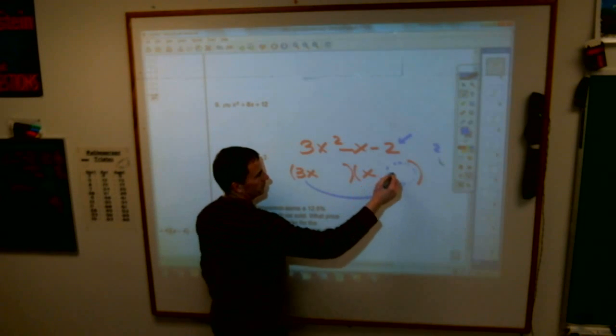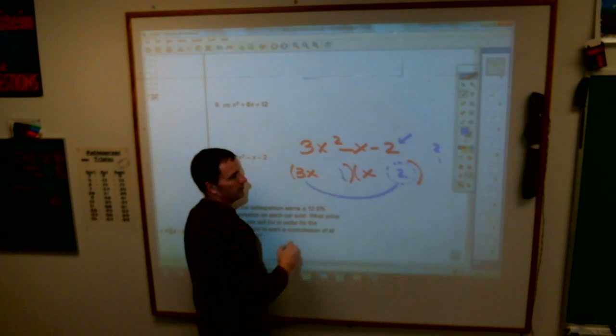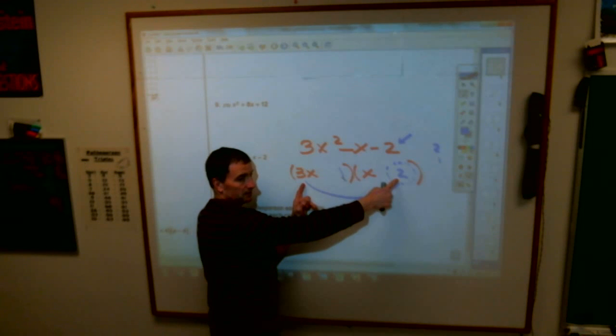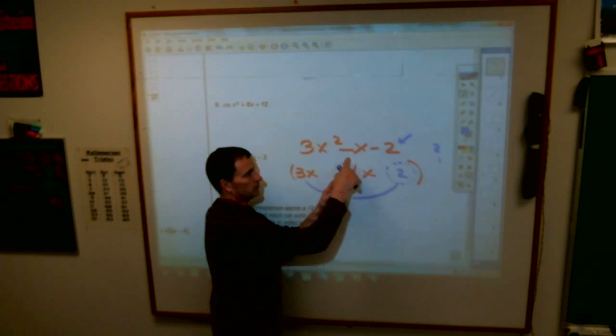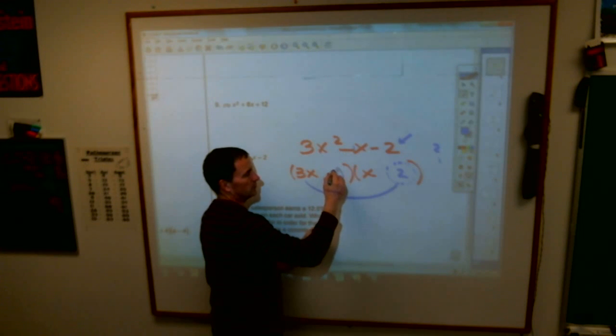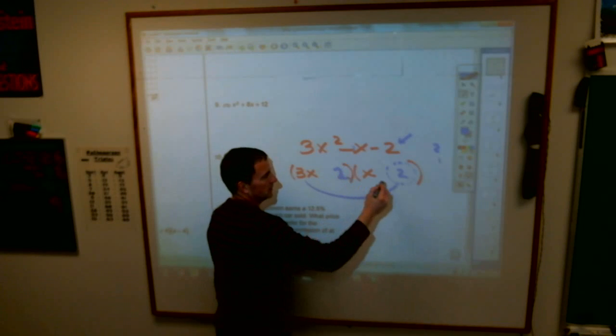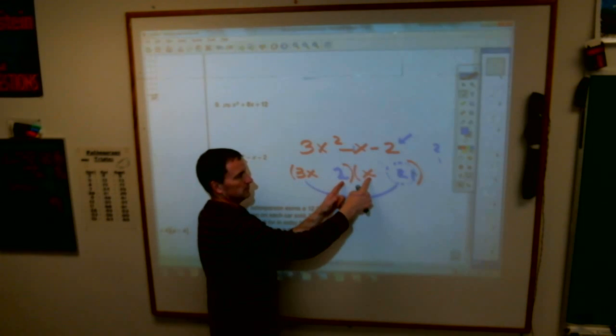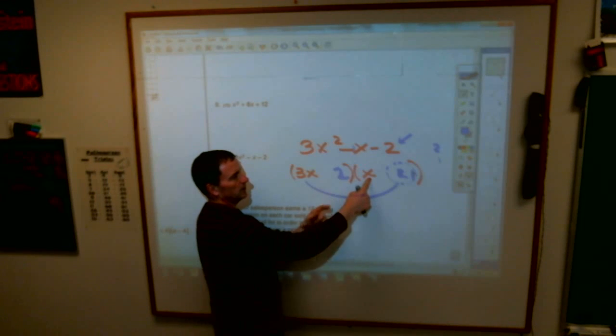I either have to put a 2 here and a 1 there. But if I do that, what's 2 times 3? 6. And this is a 1. There's no way to get a negative 1 with a 6 and a 1. So you want to flip those around. Put the 2 here and the 1 here. 3 times 1 is 3. There's a 2, so that's how you're going to get your 1.